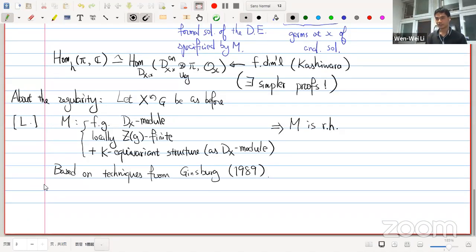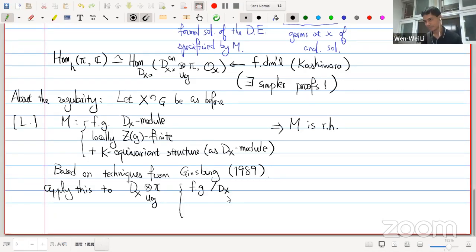So if you apply this to DX tensor pi over U g, you will get the regularity. Of course, you have to check the assumptions. Finite generation over DX is actually obvious because pi is finitely generated over g.